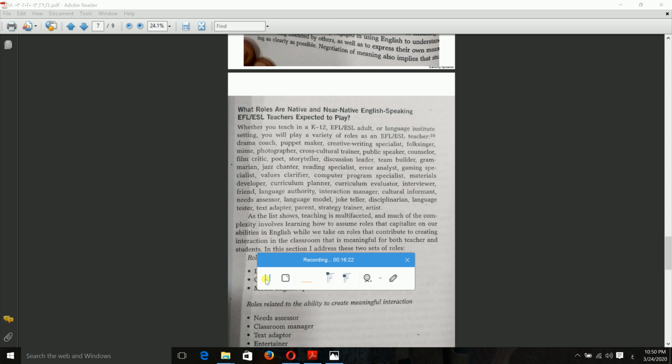Text adapter, or text selector: he chooses the authentic and honest text that suits the student's level. Entertainer: at the same time he should facilitate the material and be funny.